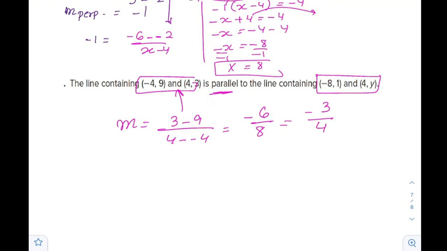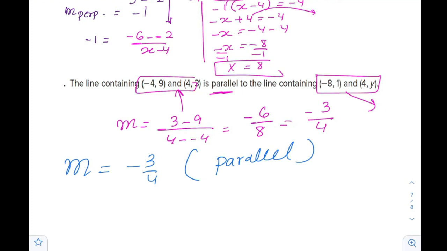Then we will find the slope of this one, knowing that the lines are parallel. Since the lines are parallel, the slope I need is exactly the same. So my slope is also minus 3 over 4. That means we have this pair of points now.